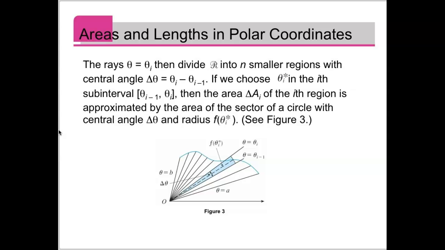All right, so what I want to focus on is just a single subinterval. So let's focus on this one that's shaded in blue. We'll call that subinterval theta i. And so it's subtended by theta i and theta i minus 1.